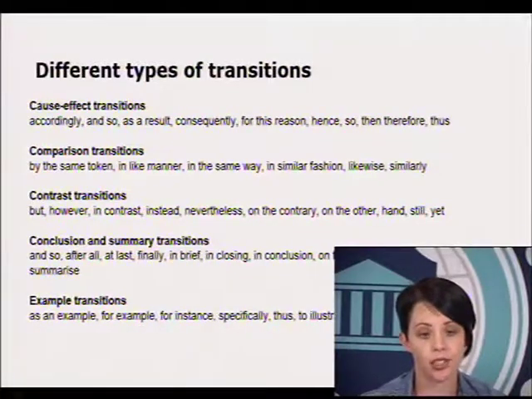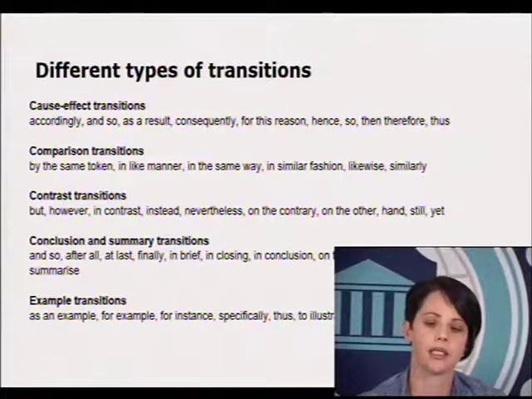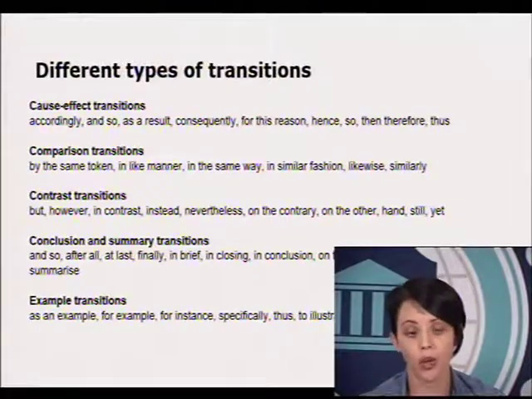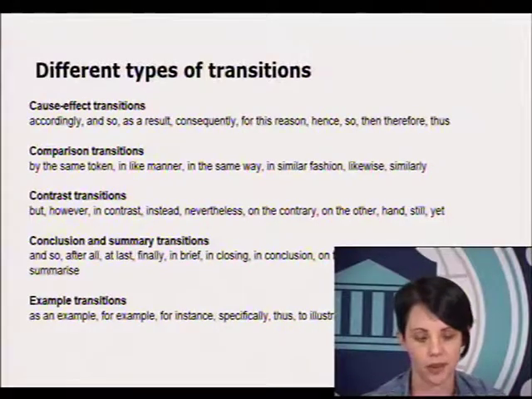Accordingly, and so, as a result, subsequently, for this reason. So when you would write something for this reason, it would be that you have pink paint today. Or then, therefore, this is why pink paint was developed, depending on your topic.